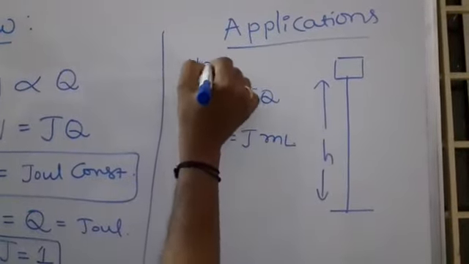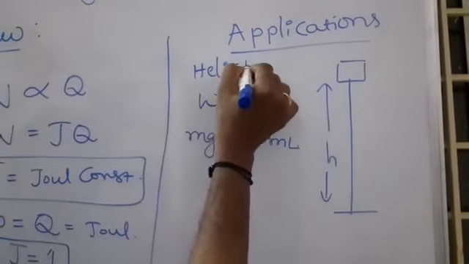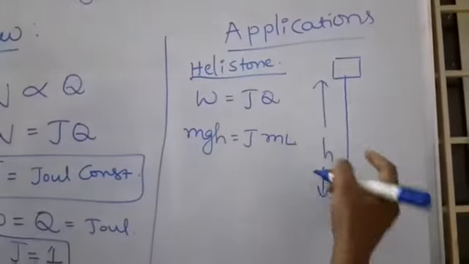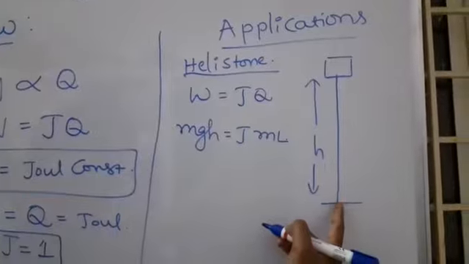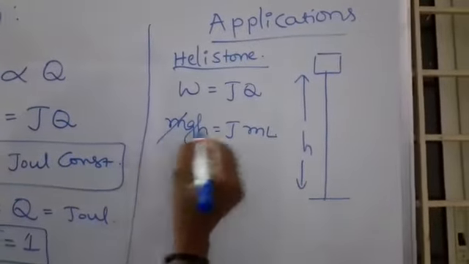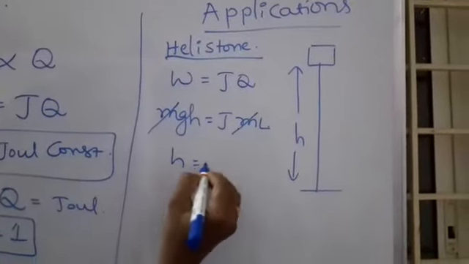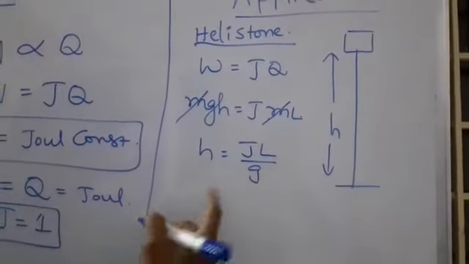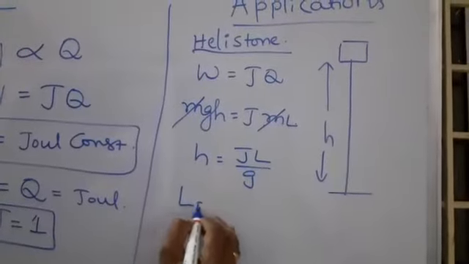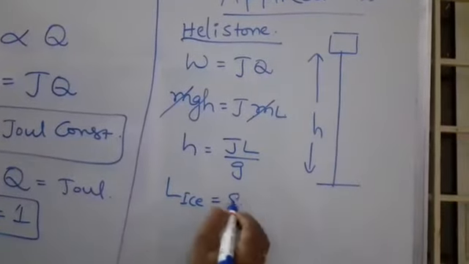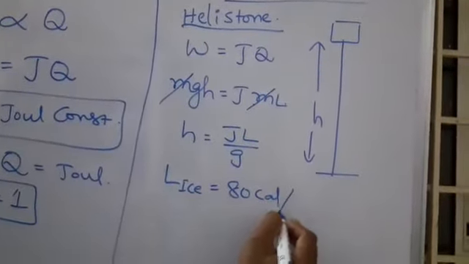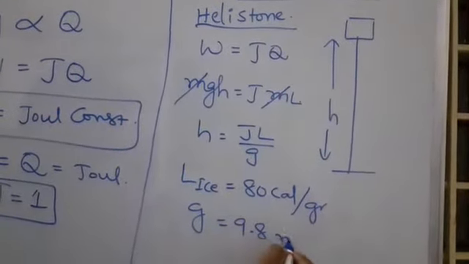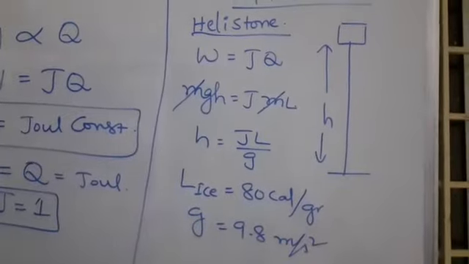This is the ice stone. Whenever it falls from a certain height and reaches the ground, it completely melts. The condition: h is equal to JL divided by g. L is nothing but the latent heat of fusion of ice, that is 80 calorie per gram. Next, g value is 9.8 meter per second square.